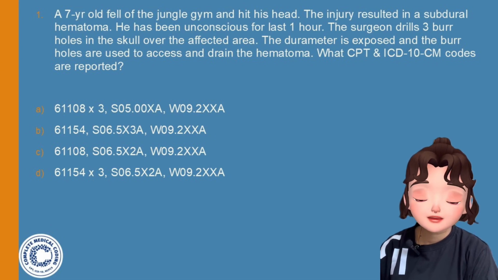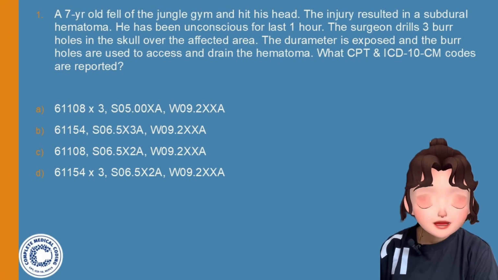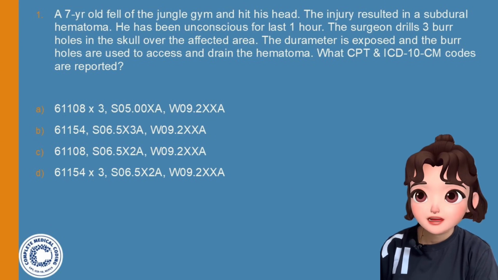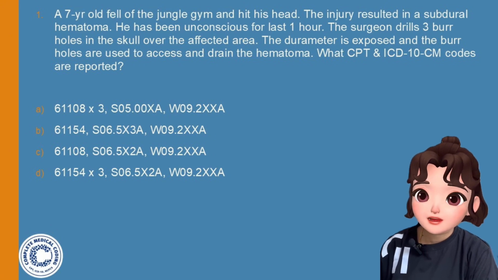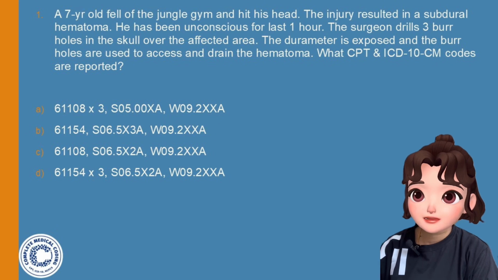Just open your CPT code book and take 61108. What is 61108? That is twist drill hole for subdural, intracerebral or ventricular puncture for evacuation and drainage of subdural hematoma. This is subdural hematoma, it's right, but this is not twist drill, this is burr hole. So 61108 is the incorrect CPT code.